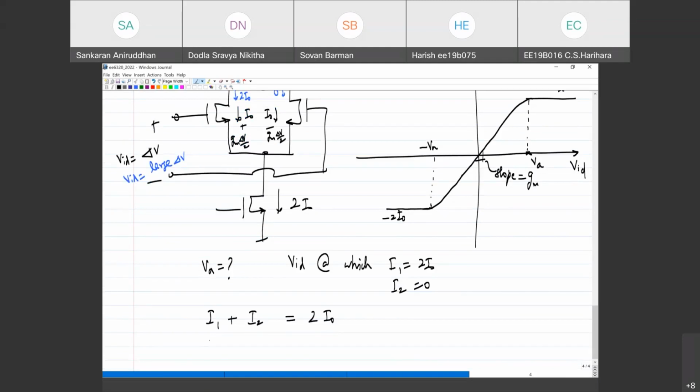For each of these, I1 and I2, you know the square law equations. So I1 is K prime by 2 times (VGS1 minus VT) squared, and similarly for I2.